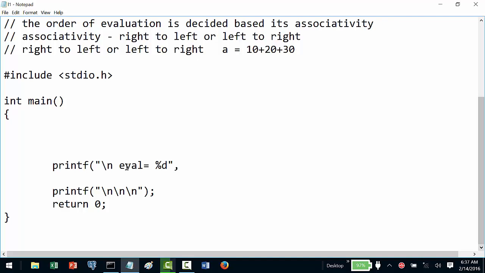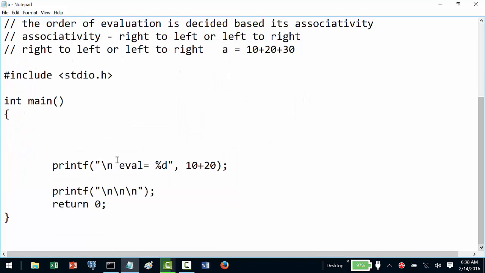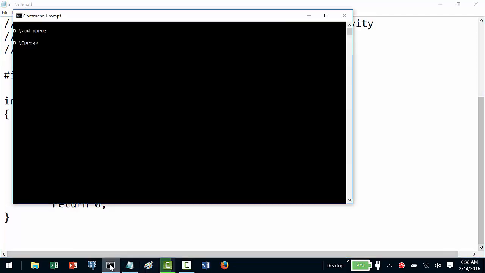Then I will say 10 plus 20. This is a very simple expression wherein it's an arithmetic operator, as we know. Two operands are integers, so arithmetic operator plus knows how to operate upon two operands 10 and 20. So the result will definitely be 30. You may feel this is not a very complex example. We have to start with simple examples and then look at the complex examples.